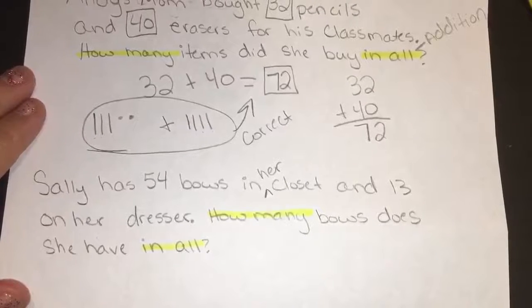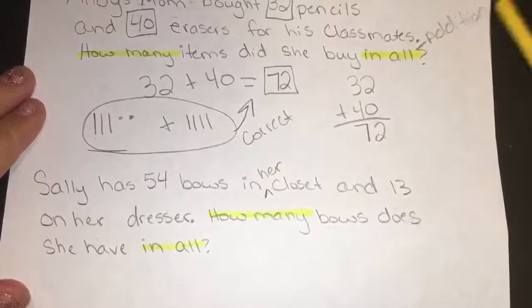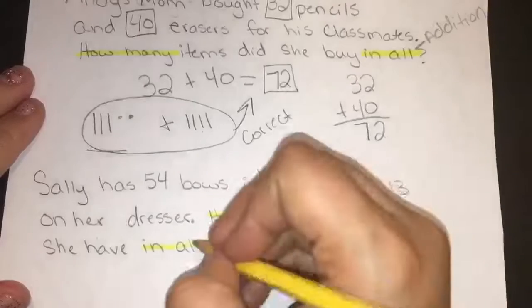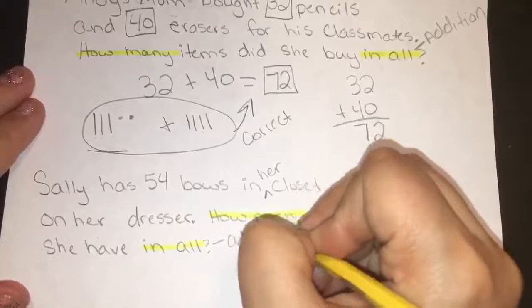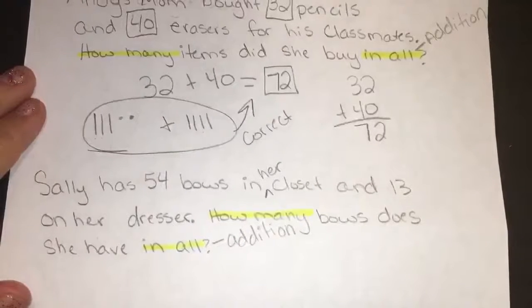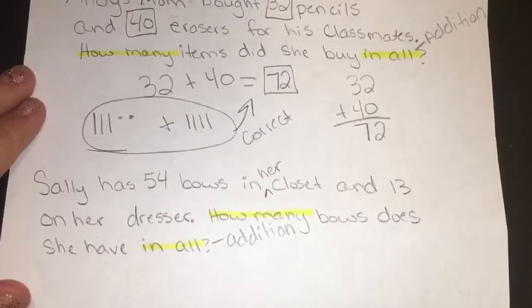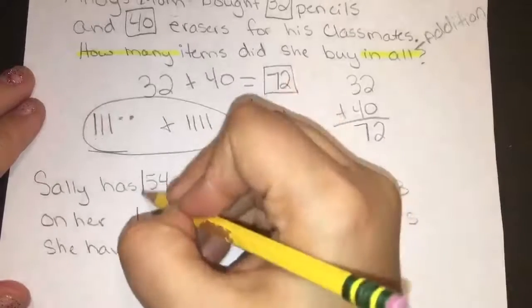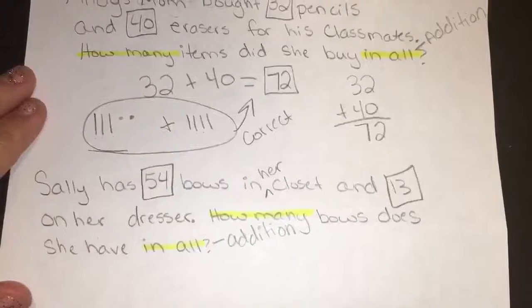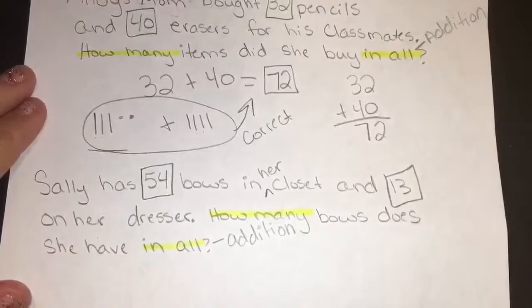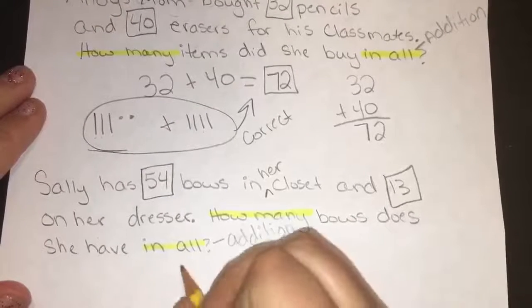So what does that mean we are going to do? You're right, addition. It's important to know the difference. Okay, so now let's box our numbers, and we're going to add 54 plus 13.